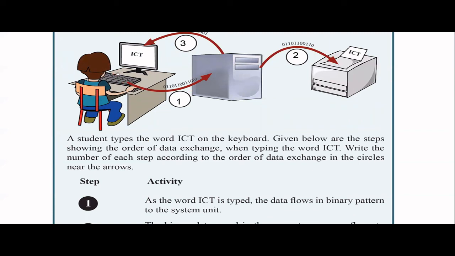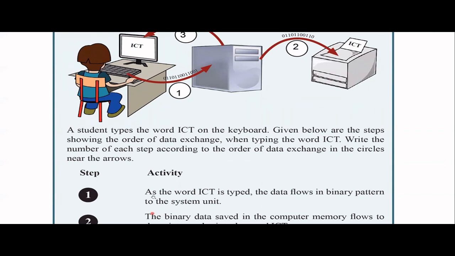This student is typing the word ICT with the keyboard, I, C, and T, and it's converted to binary and sent to the system unit. It's mentioned in the first one here: as the word ICT is typed, the data flows in binary pattern to the system unit, right?